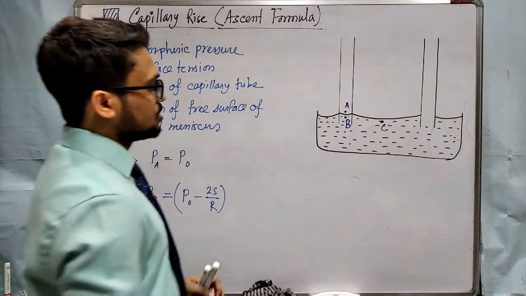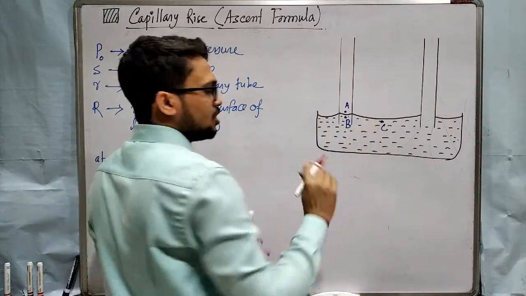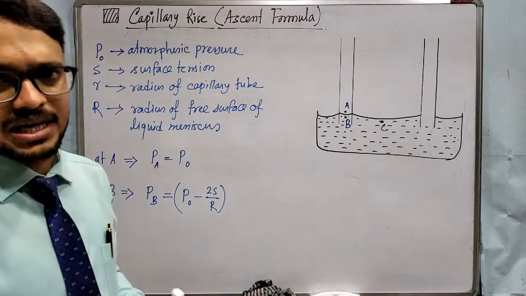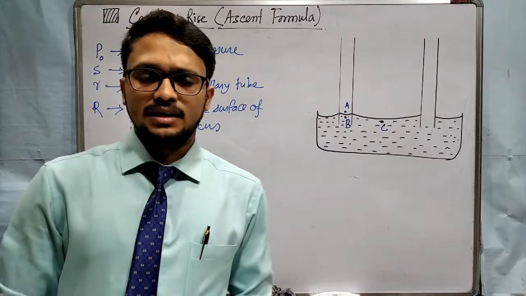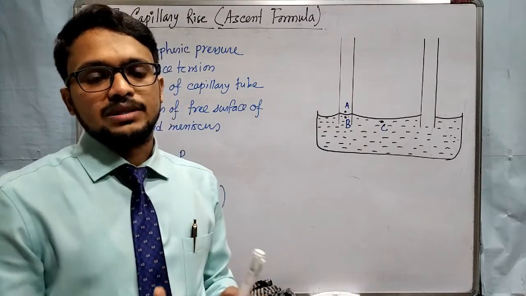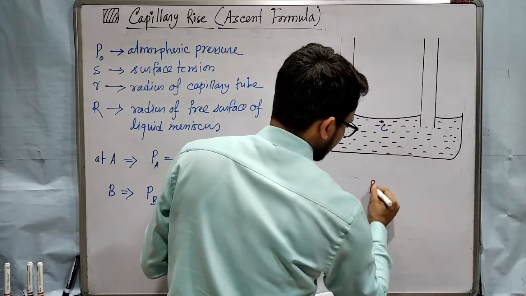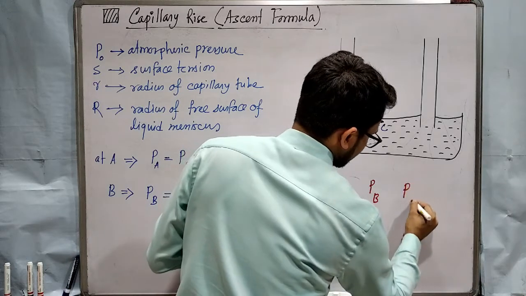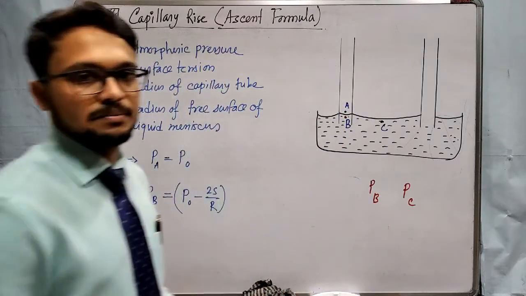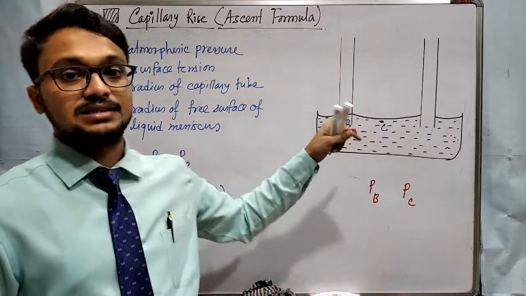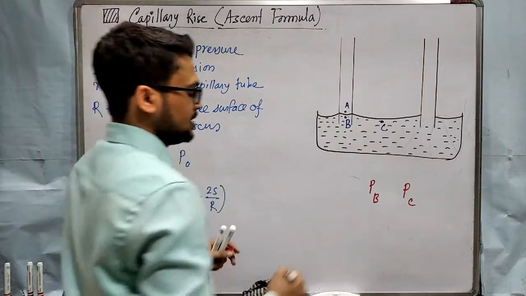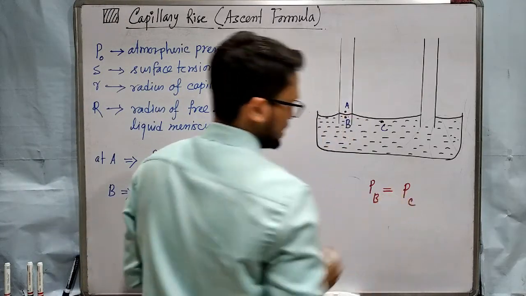If 2 or more points are at the same depth from the free surface of the liquid, what will be the relation between the pressures at those points? So PB and PC will be equal, because they are at the same depth.